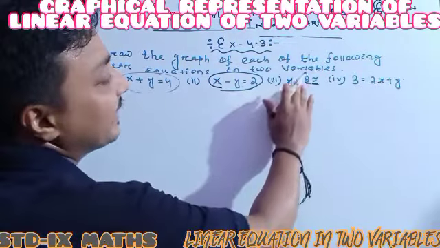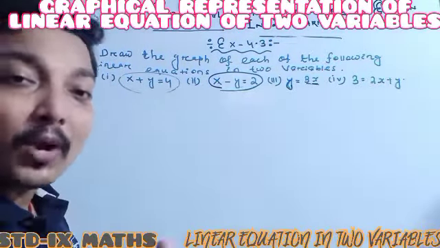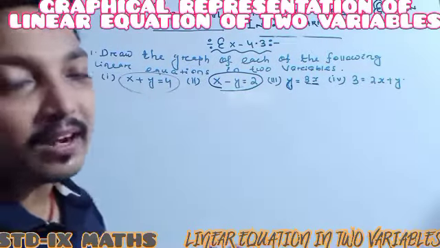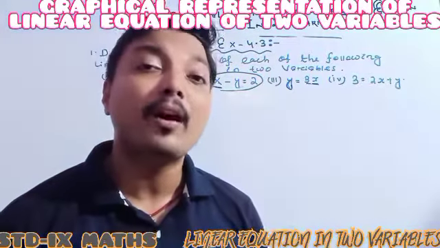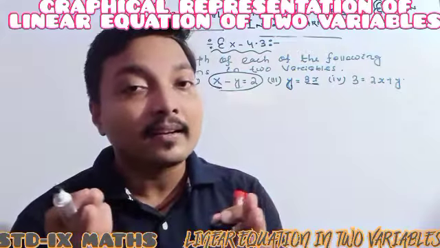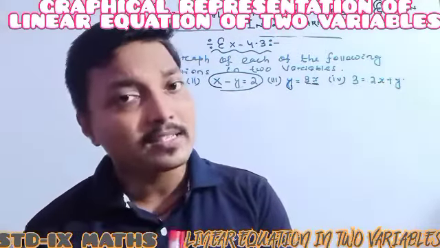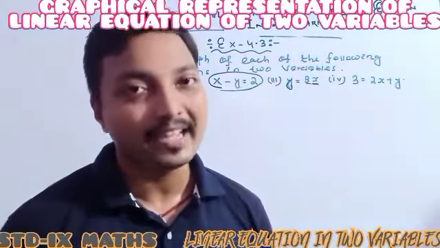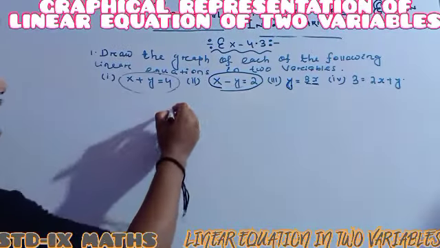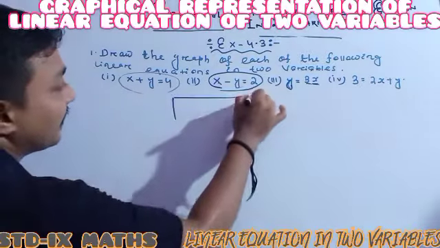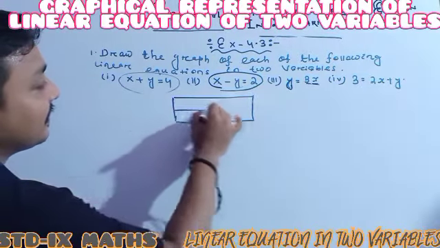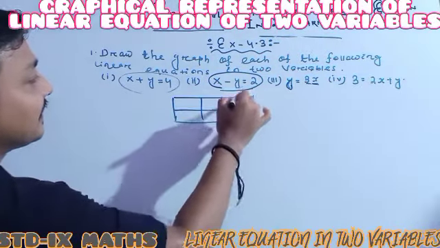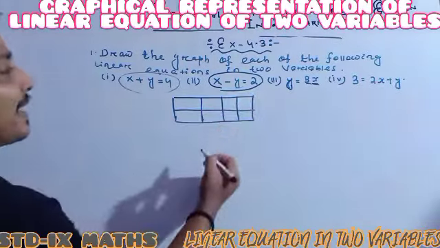Whenever one variable can be expressed as a multiple of the other variable, one important thing you have to remember is that the line, the graphical representation, always passes through the origin. Okay, so let's have a check. Here it is also another one I am taking.